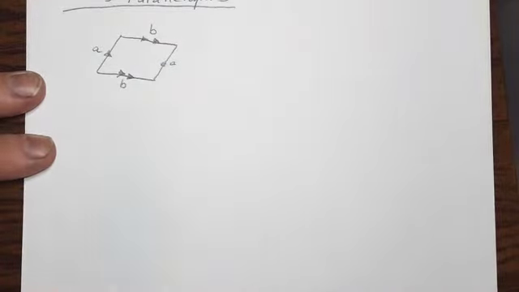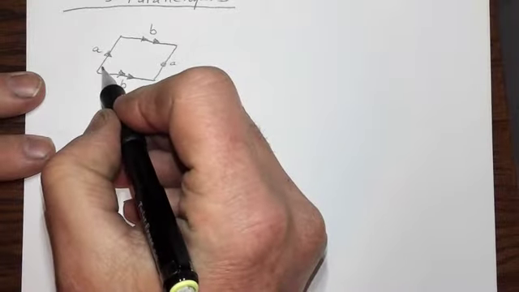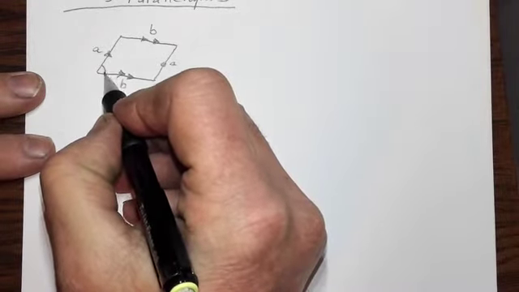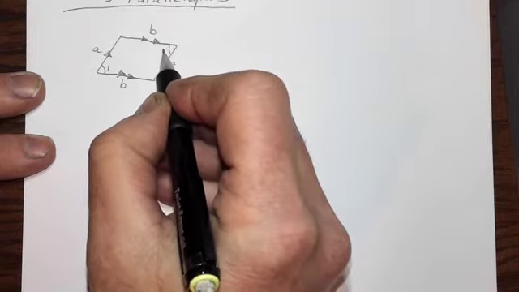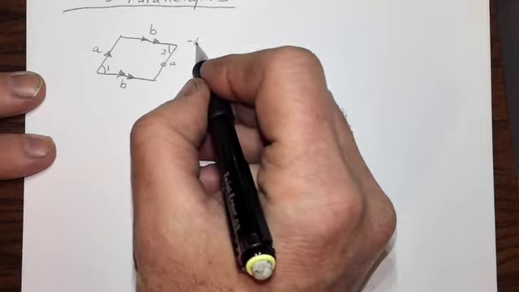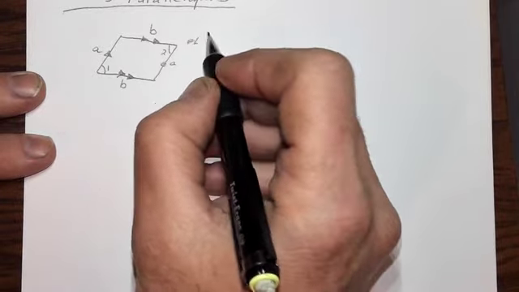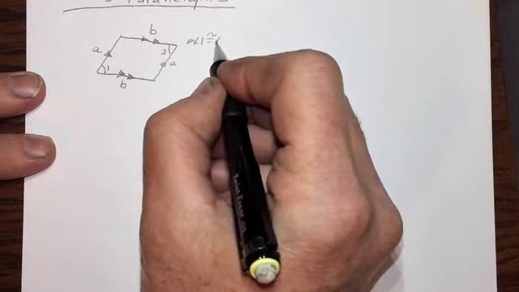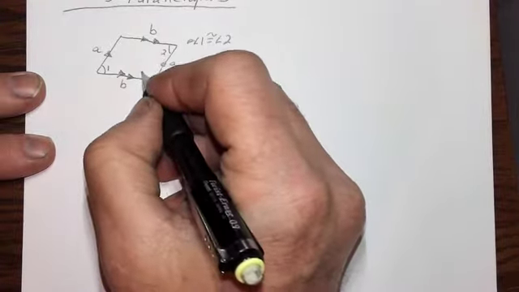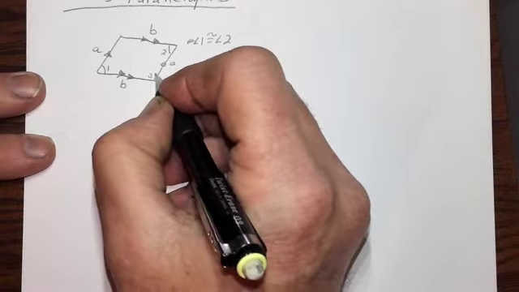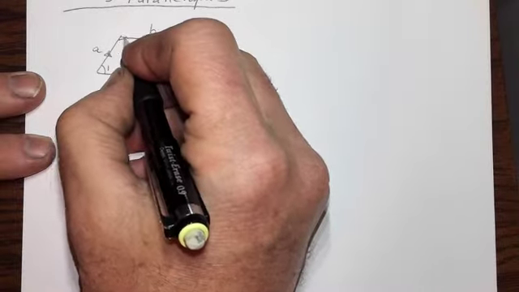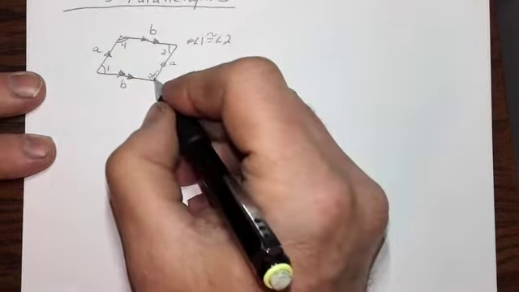It said that opposite angles are congruent. That means that angle 1 right here and angle 2 over here are congruent. Angle 1 is congruent to angle 2, and angle 3 and angle 4 are congruent.